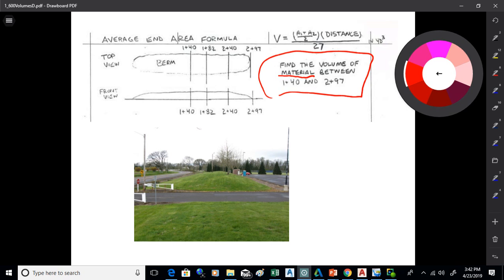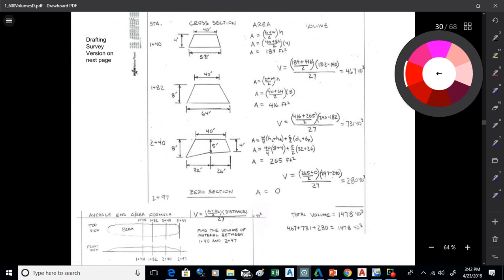So let's find the volume. These are the sections down here. This is where we took the cross sections. I've got them arranged, stacked, one after the other. So we've got a section at 1 plus 40, 182, 240, and 297. I'm on page 617.